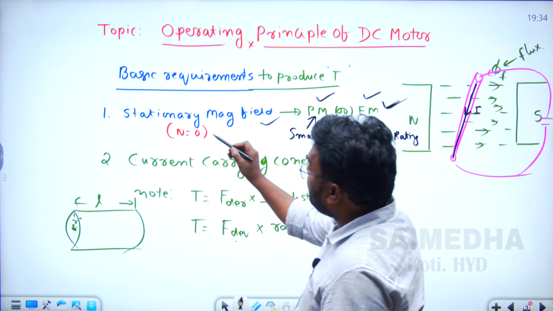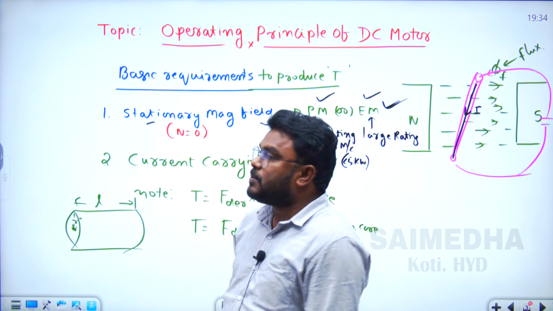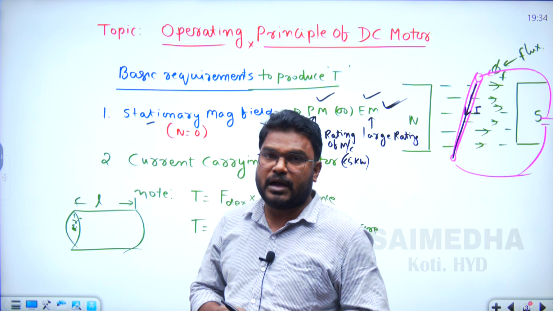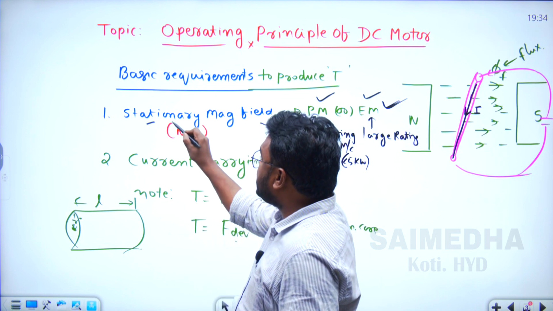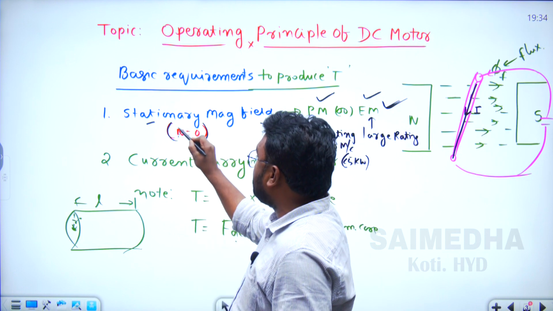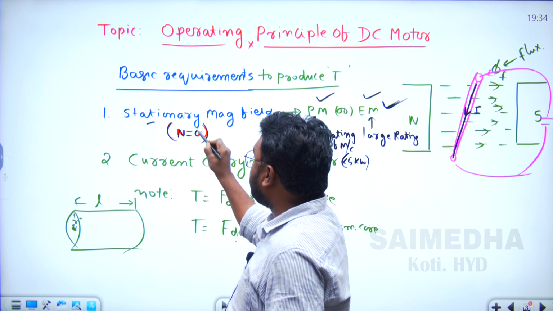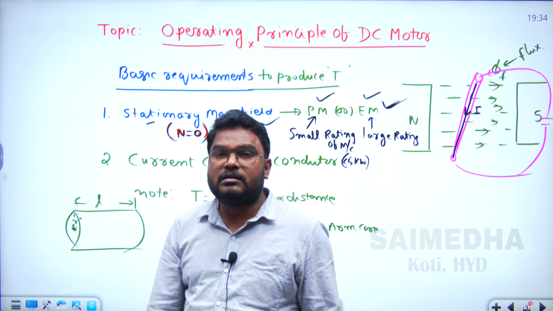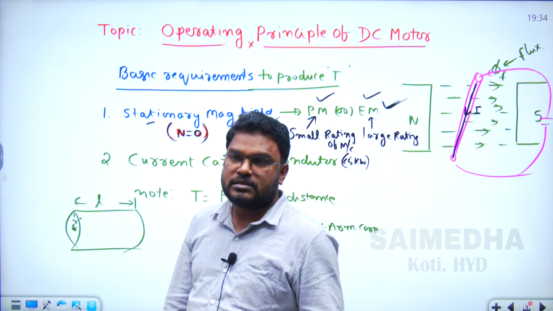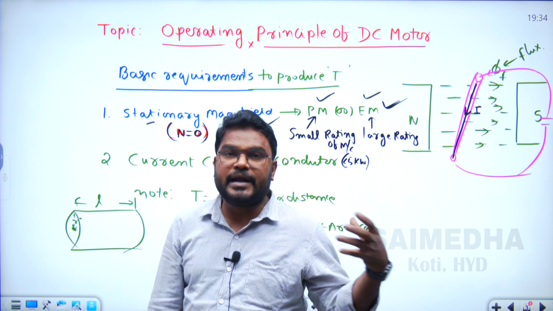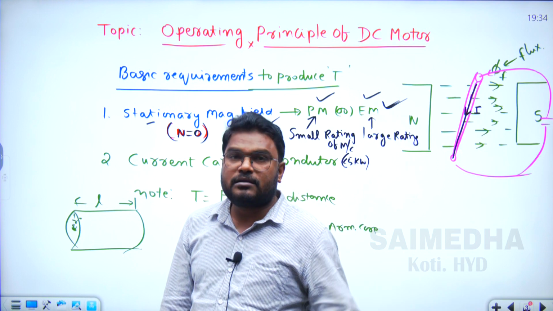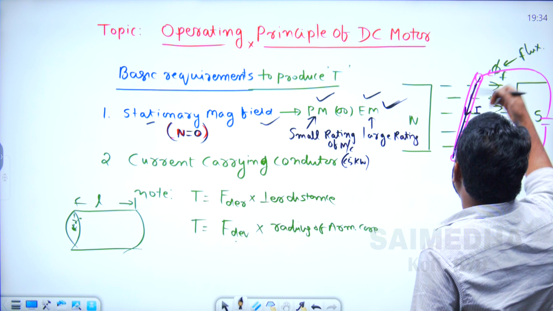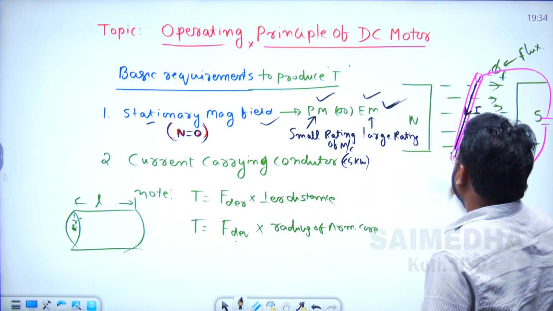In general, what is the meaning of stationary? Suppose we have a question about rotating magnetic field and stationary magnetic field. Stationary magnetic field means the speed of this magnetic field is equal to 0. The second requirement is the current carrying conductors. That means the conductor is excited with a supply or electrical source, so there is a closed path to flow the current, and current flows through the conductors.